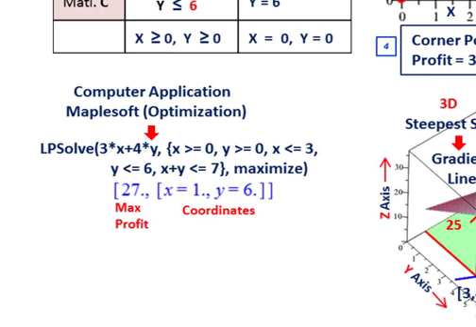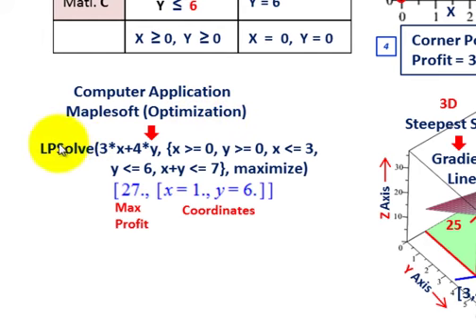And then one last thing here. Okay, you go through all this. We went through this whole deal, stepping through it number by number, looking at the different plots and coming up with how we'd handle a problem like this. But for computer application, I'm just using MapleSoft, an optimization function.